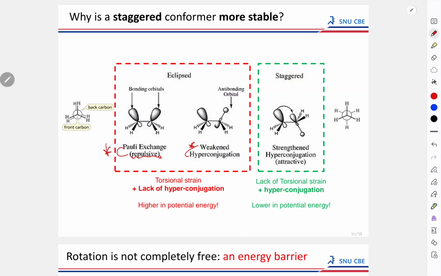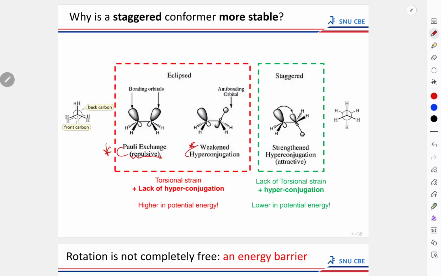Whereas the staggered conformer can accommodate the hyperconjugation, as we discussed in the previous slide, and also there is no torsional strain. There is no bonding electron overlap in this case. So from these two reasons, the staggered conformer would have lower potential energy and be more stable.